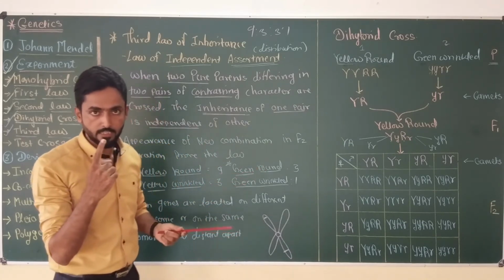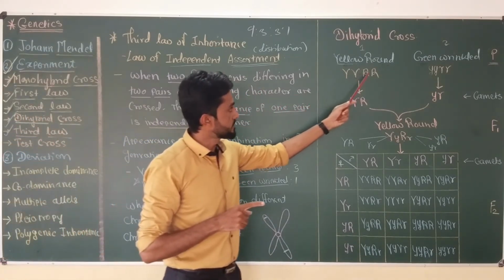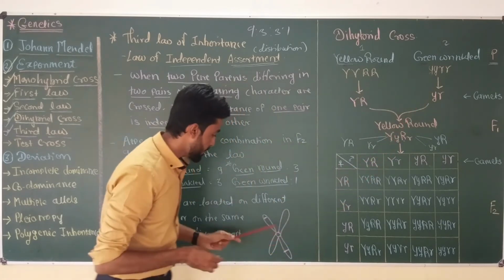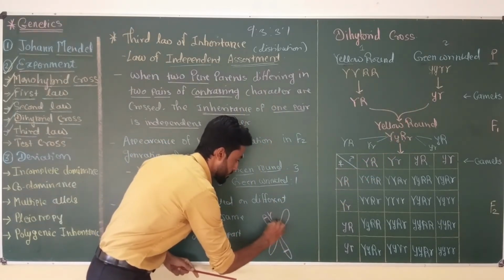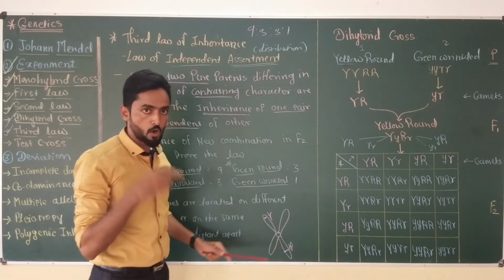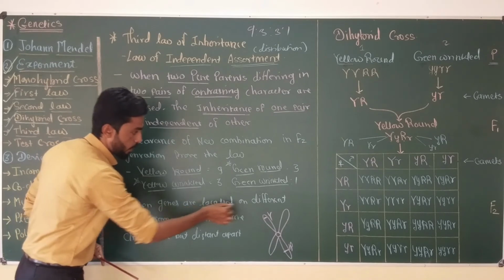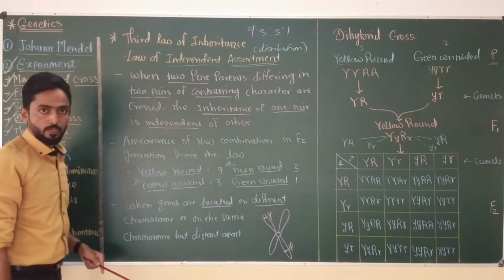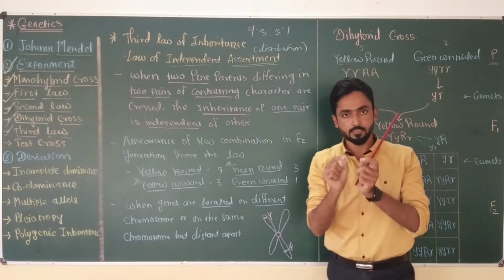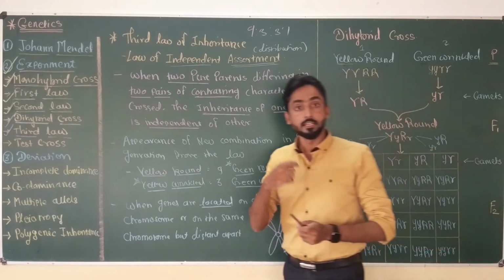So the first condition for independent assortment is that these two genes, capital Y, capital R, or small y, small r, must be present away from one another on the same chromosome, or they must be located on different chromosomes. In the homologous pair of chromosomes, the two genes must be present on different chromosomes. Then the chance of independent assortment is more.